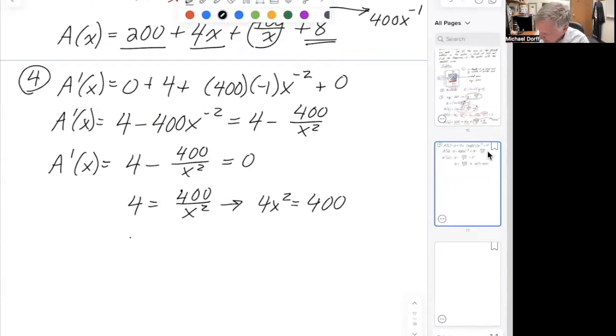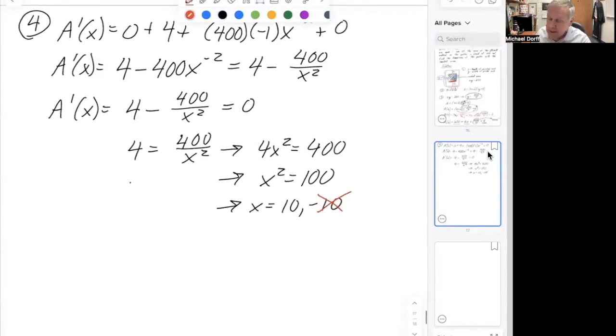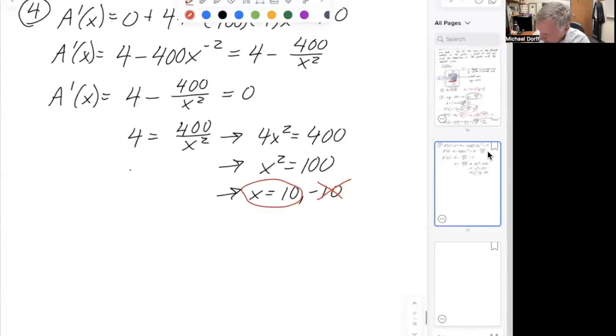Dividing by 4, I get x squared equals 100. And taking the square root of both sides, I get x equals 10 or negative 10. But as we saw earlier, we don't want negative values. So even though negative 10 is a critical number for this function A, we are only concerned about x equaling 10.